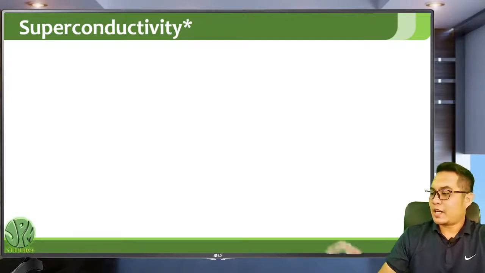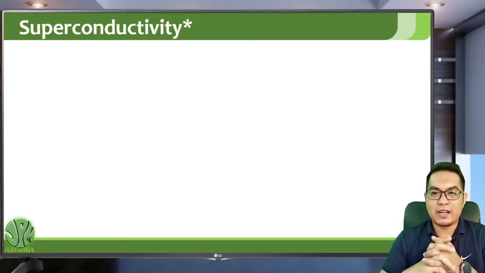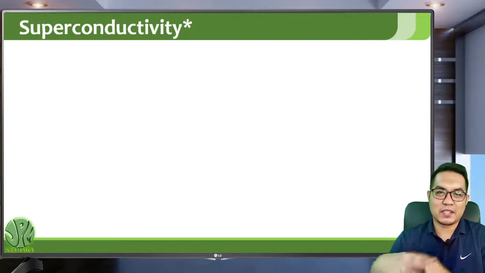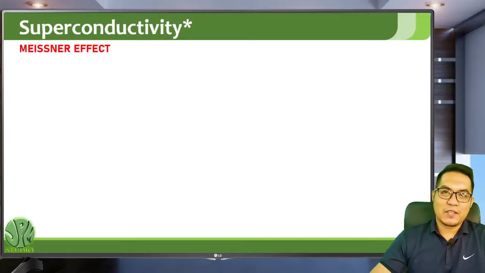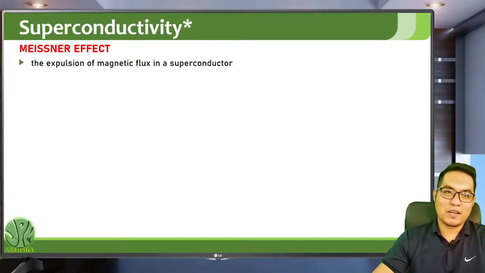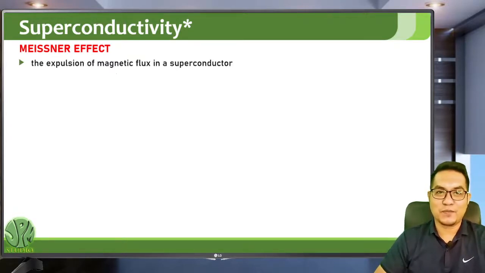So another experimental feature of electromagnetic induction, induced EMF or induced current, is what we call superconductivity. Superconductivity is beautifully described by the phenomenon called the Meissner effect, where there is an expulsion of magnetic flux, or there's no magnetic field inside a superconductor.